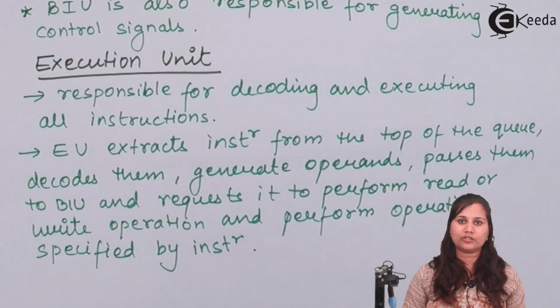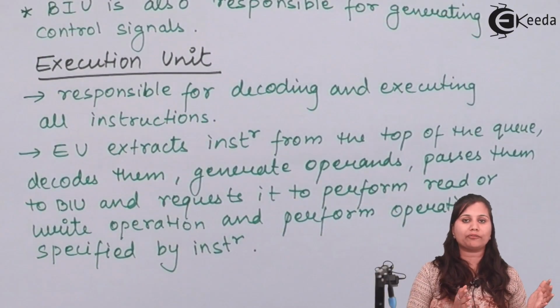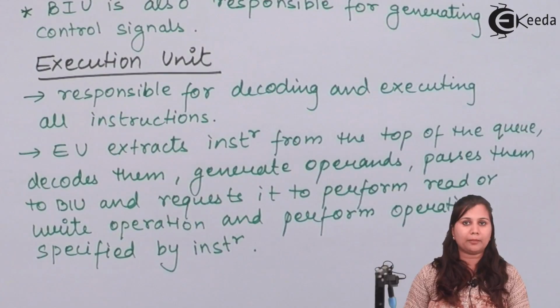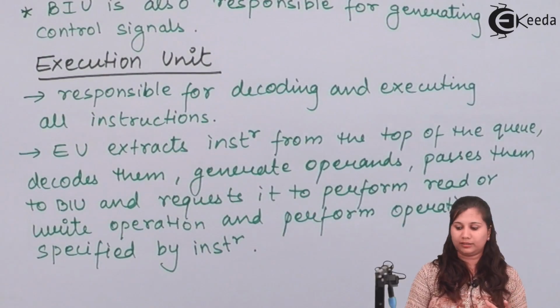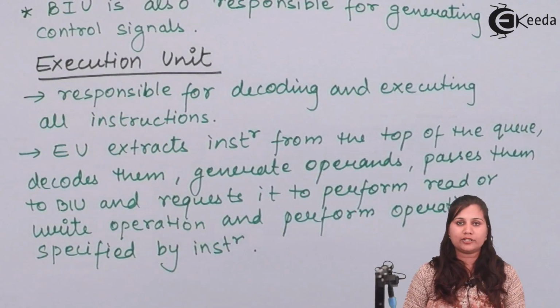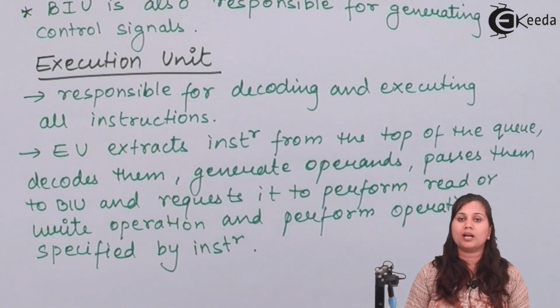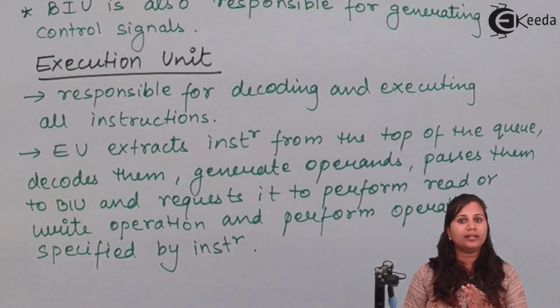Then the operation specified by the instruction will be performed. Suppose we have an add instruction, which involves the addition of a register and a number. First the opcode will be fetched from the queue, then decoded. The microprocessor will get to know that it has to perform the addition operation. This addition involves two operands, the register and the number.